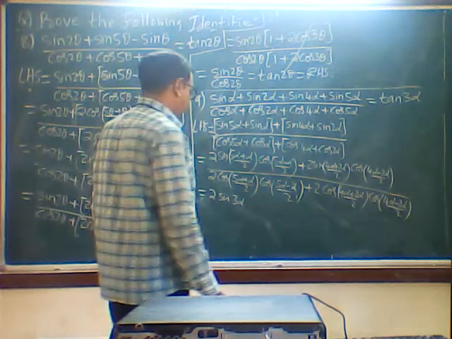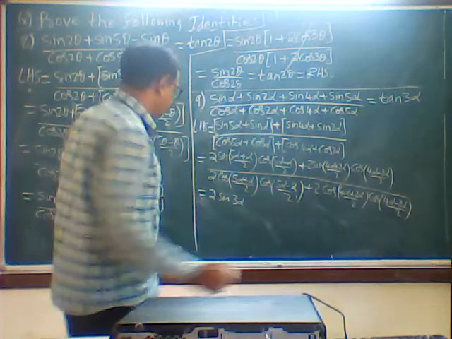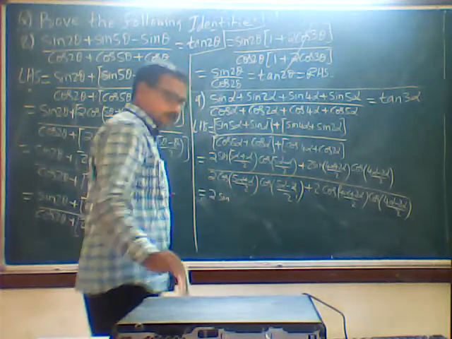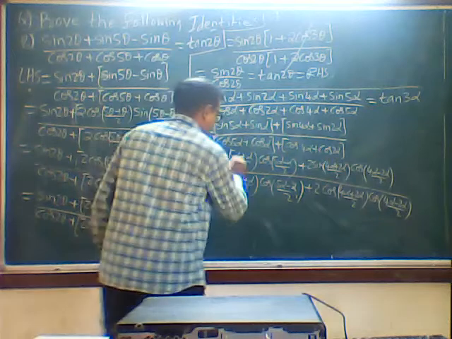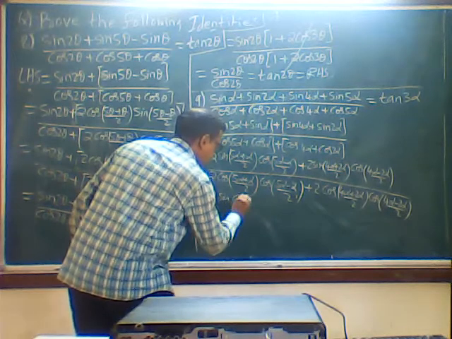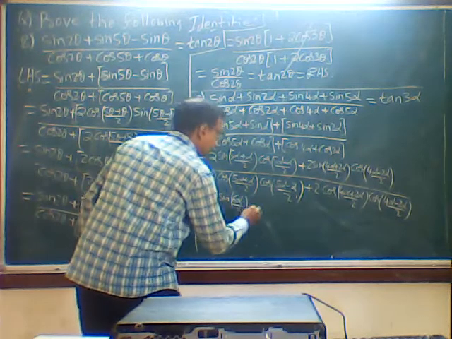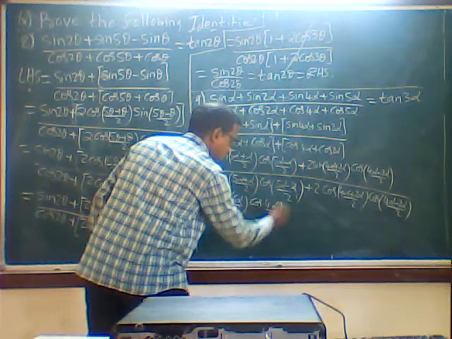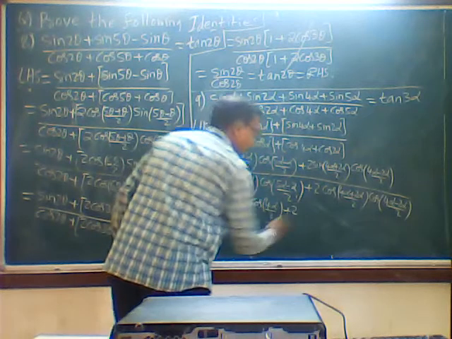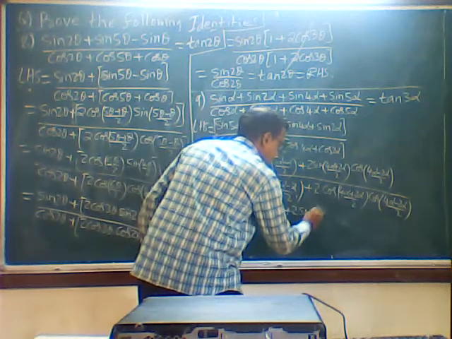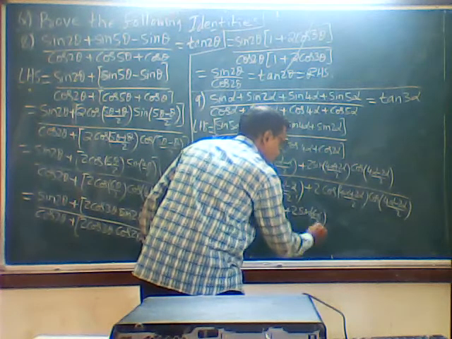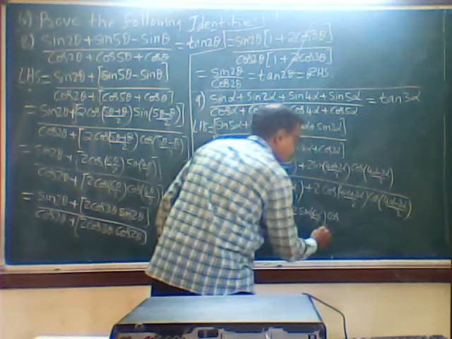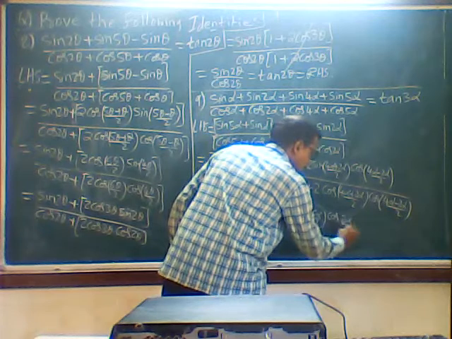Or if you want me to write, one more step I will write: 5 alpha plus alpha is 6 alpha by 2, cos of 5 alpha minus alpha, that is 4 alpha by 2, plus 2 sin 6 alpha by 2 into cos 2 alpha by 2.